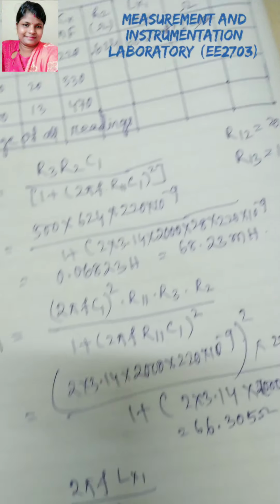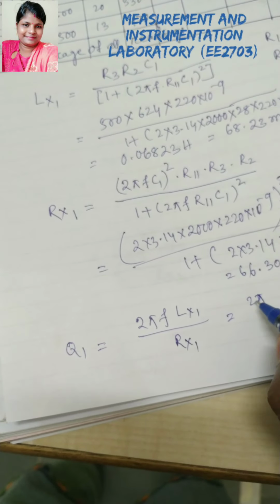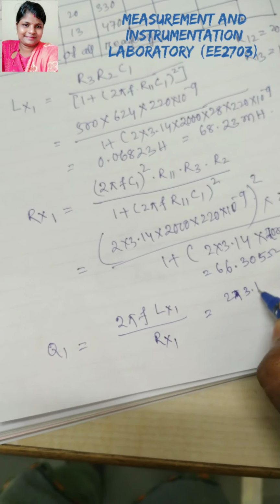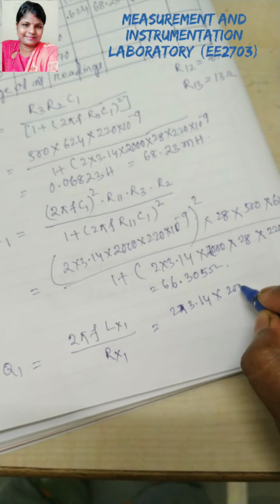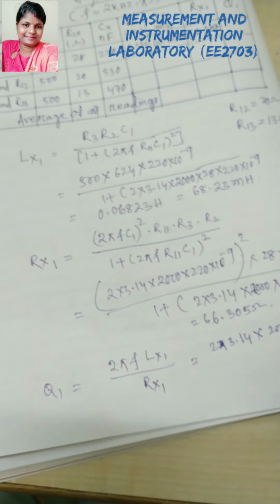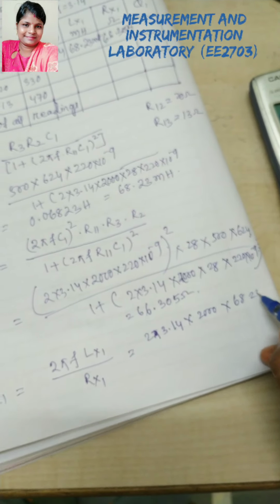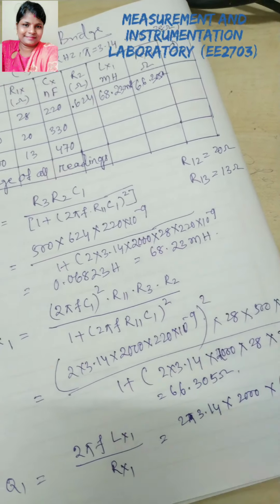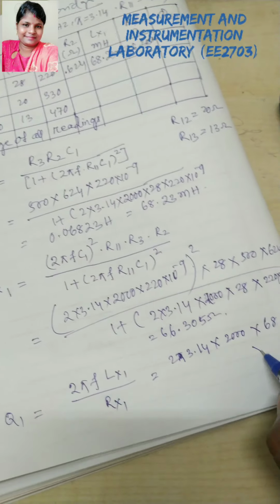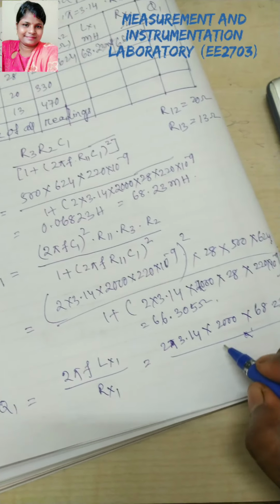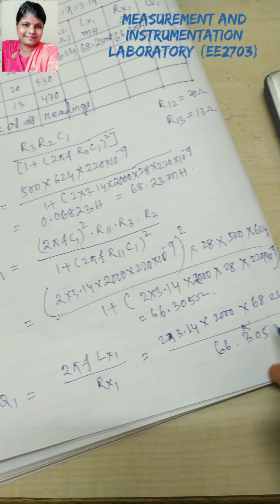Then calculate the value of Q1 equal to 2 pi, pi equal to 3.14, into f which is 2000, into LX1 which is 68.23 into 10 to the power minus 3, divided by RX1, which is 66.305.